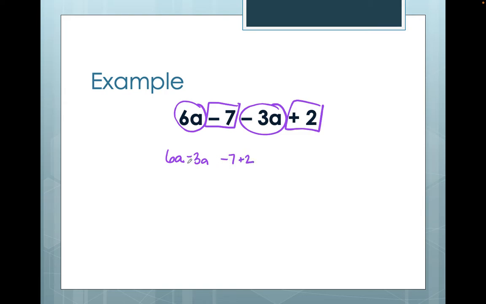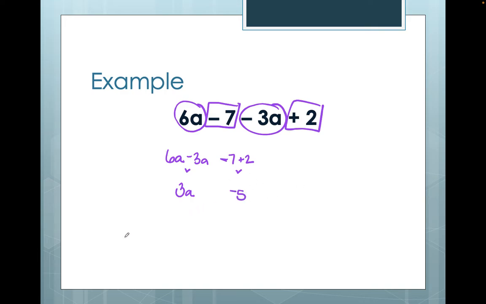We can almost simplify these as if they're two completely separate problems. 6a minus 3a is 3a. And then if we look at this problem as a negative 7 plus 2, that's a negative 5.